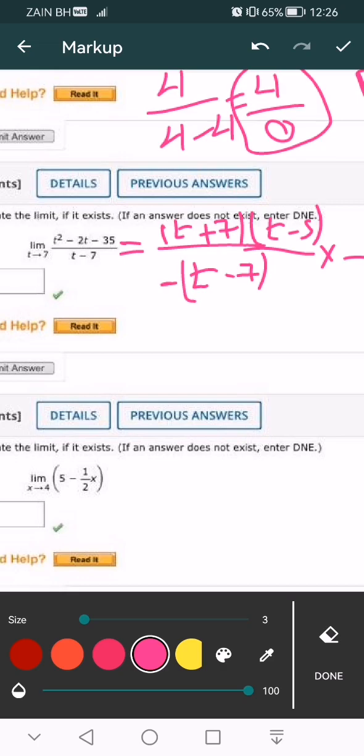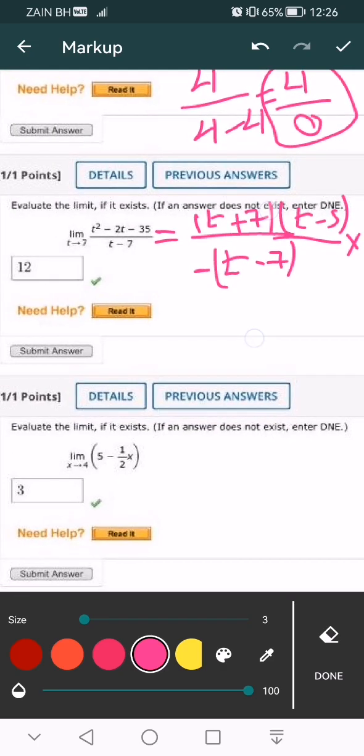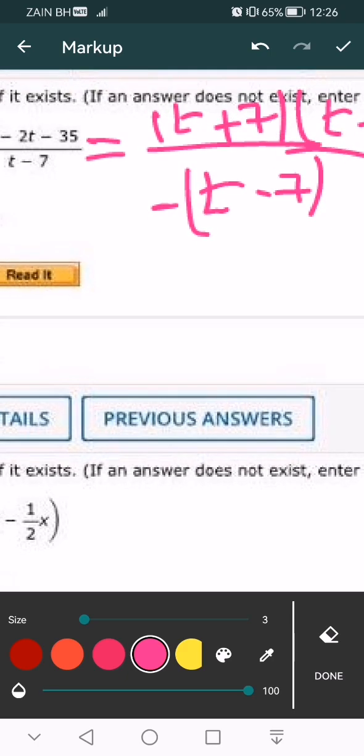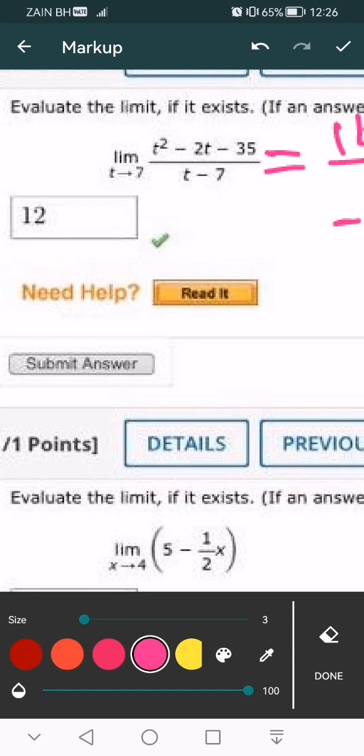The result, when I multiply it by minus, will be minus t plus 7. Okay, maybe you can find it directly. Let me try. So alpha x square minus 2 alpha x minus 35 over alpha x minus 7. Substituting 7 does not exist.